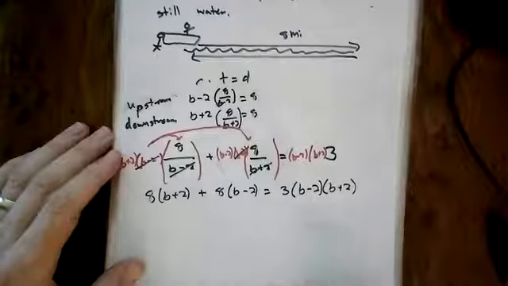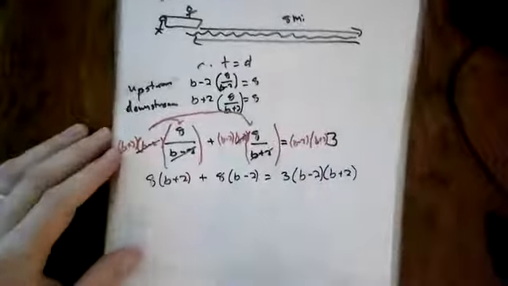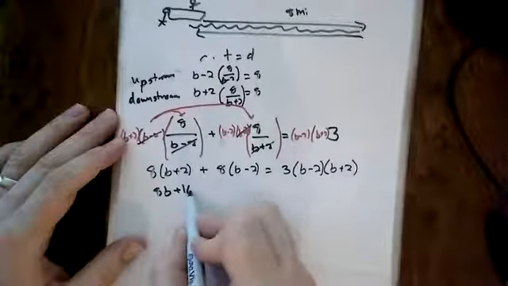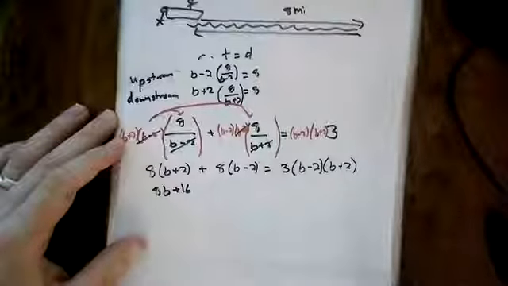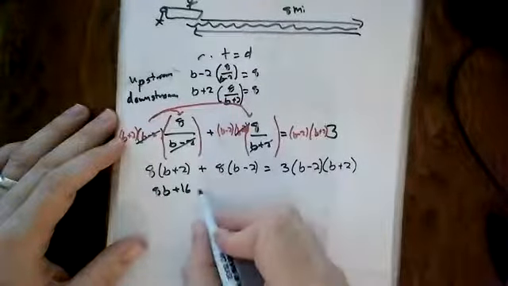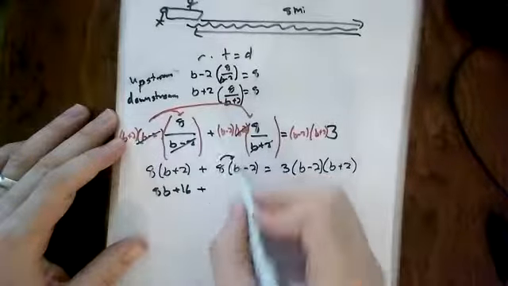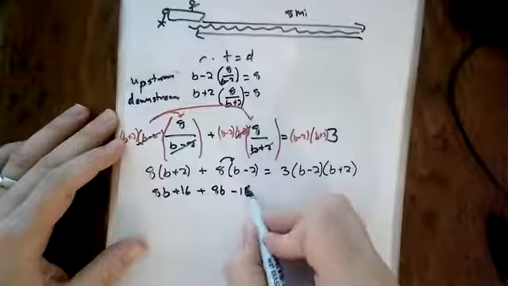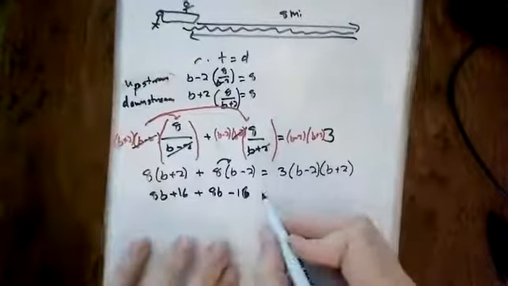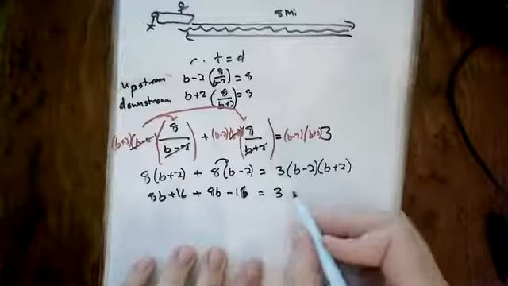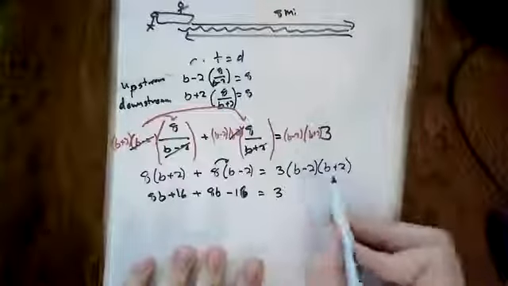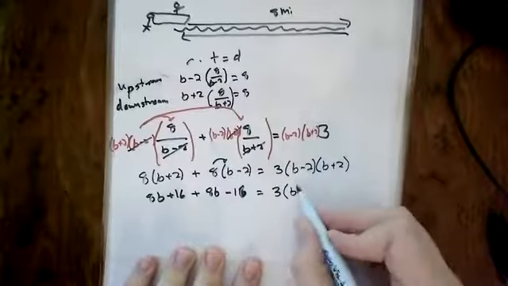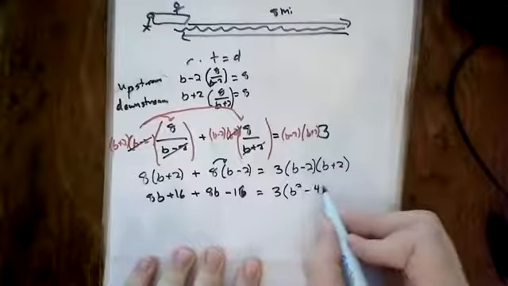Let's take a couple steps to simplify this now. I'll have 8b plus 16. And then when I distribute here, I'll have 8b minus 16. Oops, it's not 18, 16. And this is going to be equal to 3 times, this is going to be the difference of squares, b squared minus 4.